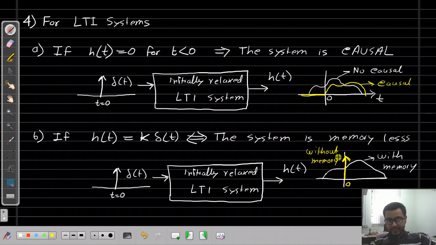Because the system does not remember what happened earlier, or it does not know what is going to happen in future. So it reacts immediately to the input, and when the input is gone, output is also gone. So this is the condition for the system being memoryless.